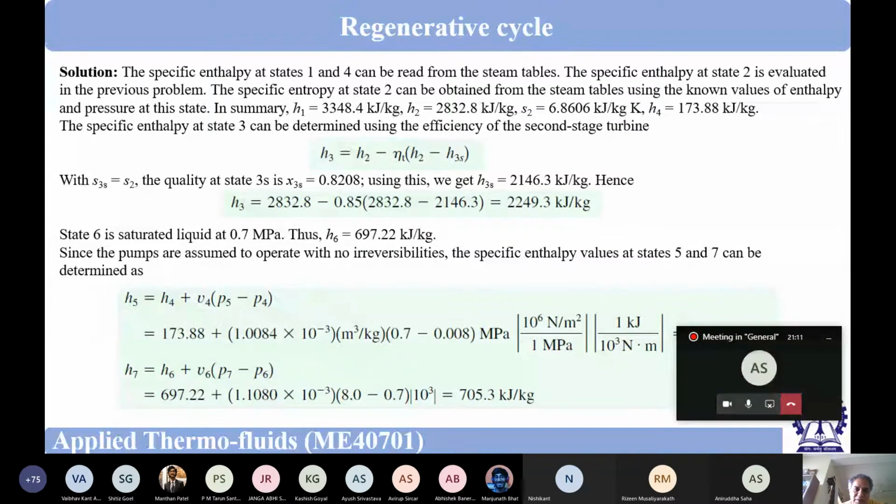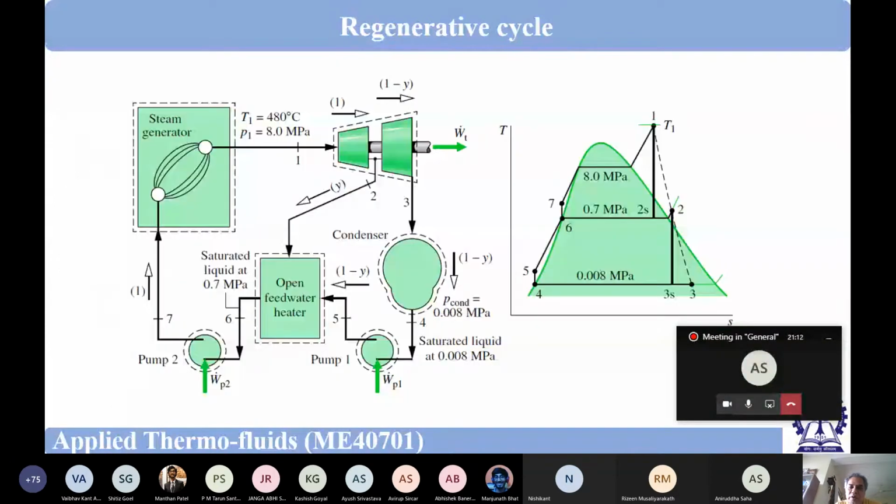Another thing you have to be careful about: when it is expanding from 1 to 2, this is your actual expansion line. 1 to 2, it is 1 kg of steam. When it is expanding from 2 to 3, then it is a lesser amount of steam, 1 minus Y kg of steam. This is your Y kg, this is your 1 minus Y kg, and here again we get 1. Nothing complicated is there.